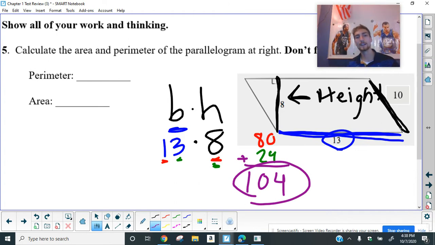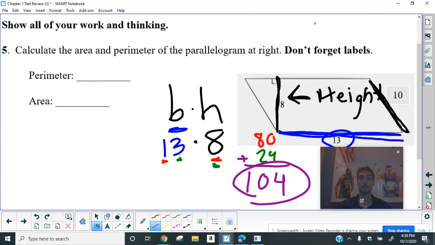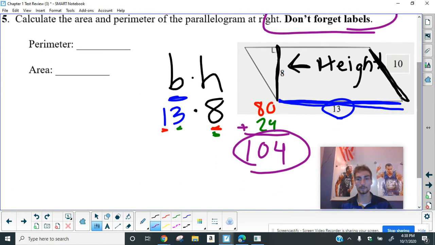Ooh, but am I done? Let's see what the directions say. Don't forget your label. But I don't see any labels here. I don't see centimeters, inches, feet. I know it needs to be squared, but I don't know what label to use. Well, if it's not given to us, I can always use units.